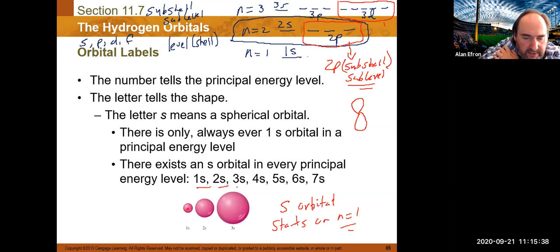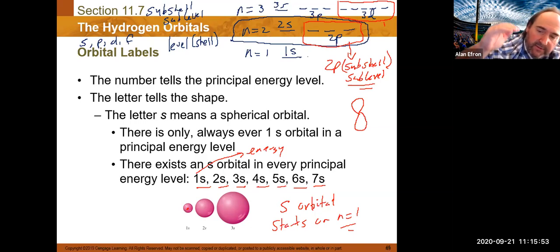So 1s, 2s, 3s, 4s, 5s, 6s, and 7s. Again, the number in front is the energy level. So if I say, hey, I have an electron in the 5s orbital, what that means is I have now gone to the 5th energy level, and my electron is theoretically sitting in this s orbital, which has a theoretical shape of a circle, basically, or a sphere.